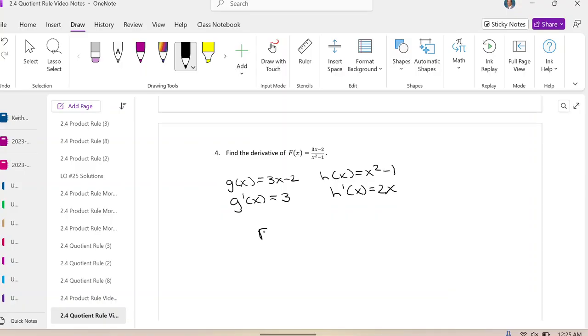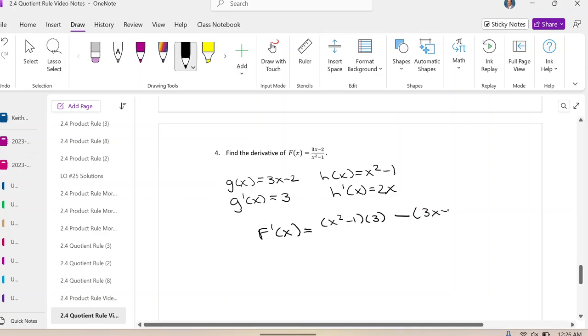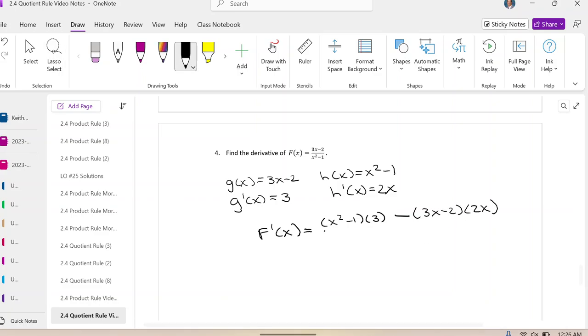So when you do the quotient rule, you're going to have x squared minus 1 times 3 minus 3x minus 2 times 2x all over the denominator squared, which is x squared minus 1 squared.